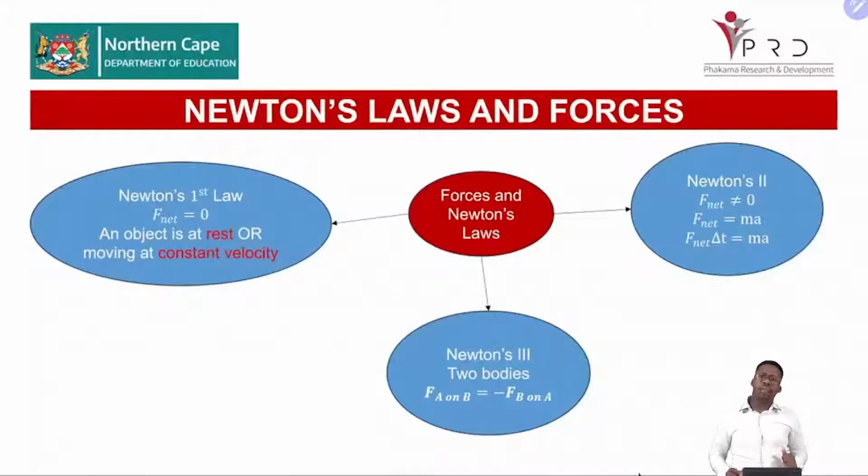Either the examiner will assess you on normal force, you can write that one down, or the examiner will assess you on frictional force. Now they are strategic. Instead of saying define the term frictional force, you can define static friction, you can define kinetic friction. They can also require you to state Newton's first law in words.